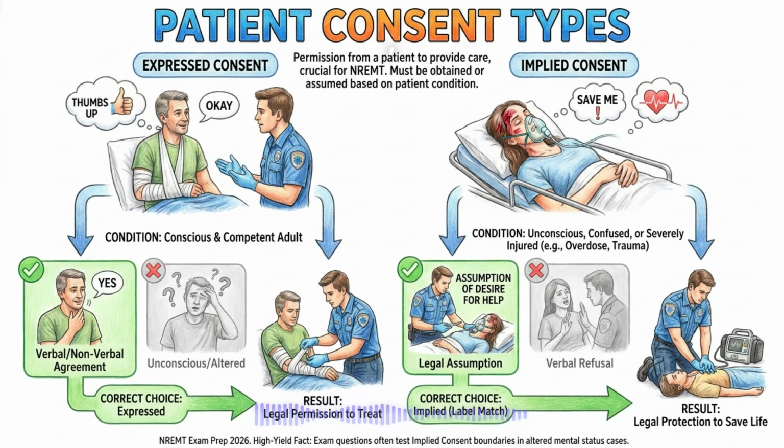Implied consent, on the other hand, applies when a patient is unconscious, confused, or severely injured, allowing you to legally assume they would want life-saving help if they could ask for it. Exam questions love to test the boundaries of implied consent, especially in cases involving drug overdoses or severe head trauma where the patient is altered.